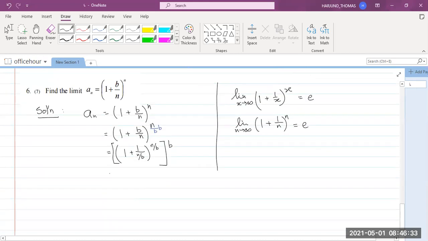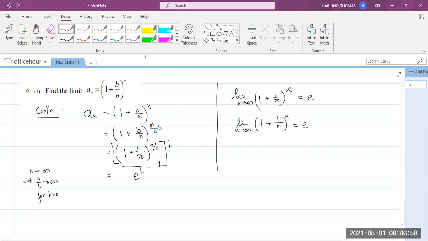Now if n goes to infinity, then n over b goes to infinity also, for positive b, of course. That's exactly what happened here. That's e. This guy here is e.